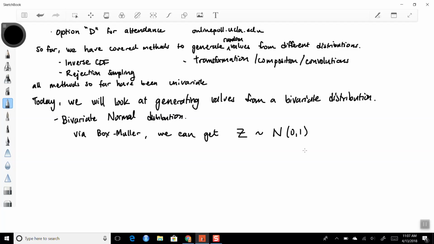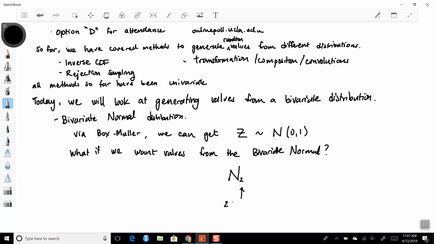What if we want values from the bivariate normal? Okay, so bivariate normal will be N sub 2, the sub 2 kind of indicating it's two-dimensional. And instead it will have a mean vector mu and a variance covariance matrix sigma.